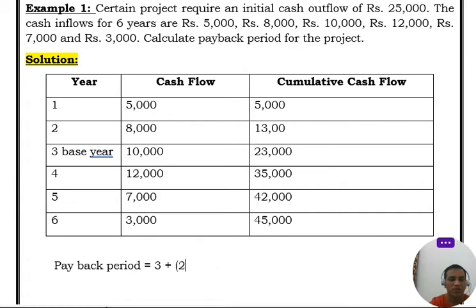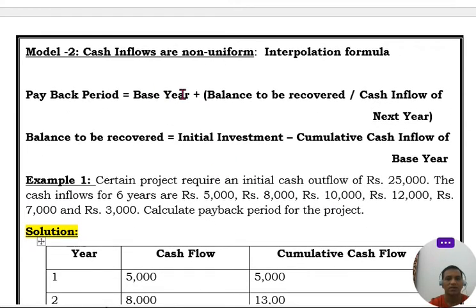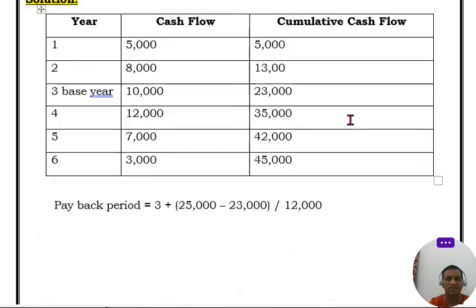How did you get 2,000? 25,000 minus 23,000. This 25 is the cost of the project. This 23,000 is the third year base year cumulative cash flow. Divided by next year's cash flow, that is the fourth year, 12,000. This is the formula: base year plus balance to be recovered divided by cash inflow of next year.